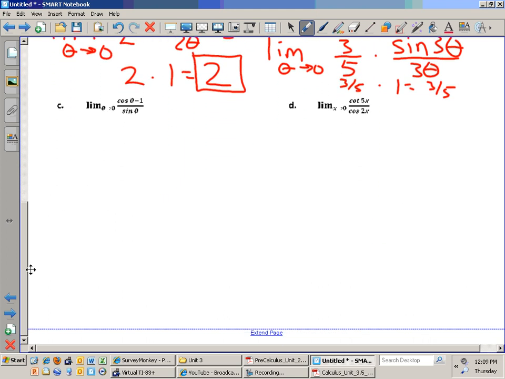Okay, 2 more. This one works out very well. But please just change a little part of it. Please put a 2 in front there.